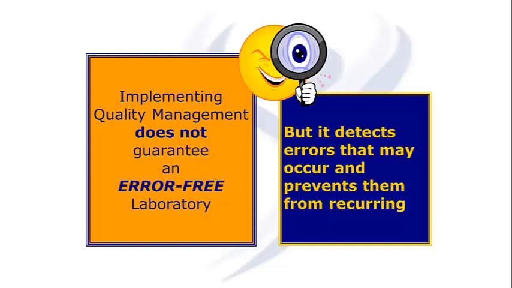Laboratories not implementing a good quality management system are guaranteed that there will be many errors and problems occurring that may go undetected. Implementing such a quality management system may not guarantee an error-free laboratory, but it does yield a high quality laboratory that detects errors and prevents them from reoccurring.